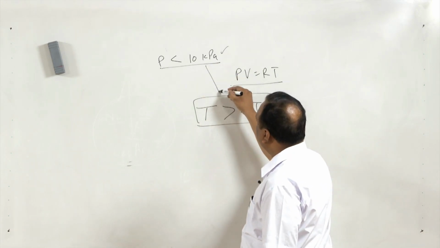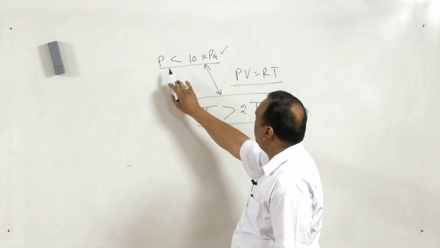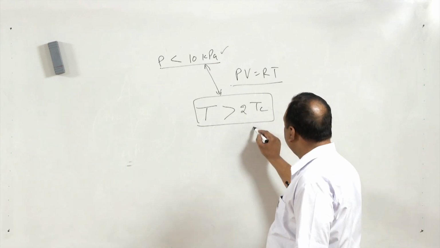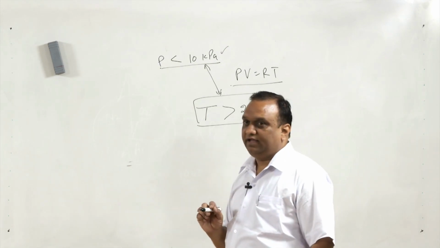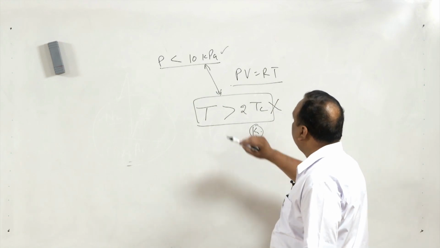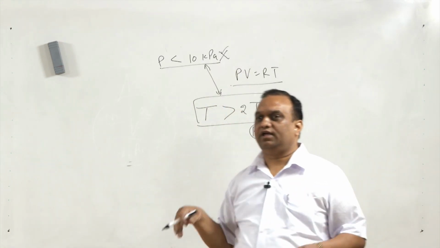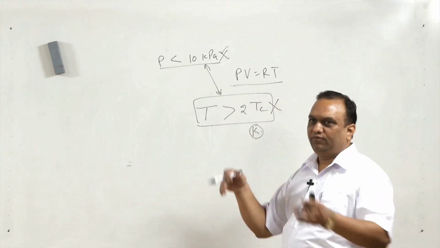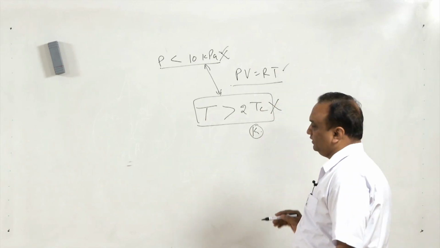There are two conditions for considering vapor as a gas: either the pressure is less than 10 kilopascal or the temperature is 2 times the critical temperature. This temperature is in Kelvin, not in degree centigrade. So, in steam turbines, neither requirement is fulfilled. That is why in steam turbines, not gas turbines, we use steam tables. We do not use this relation for steam turbines.